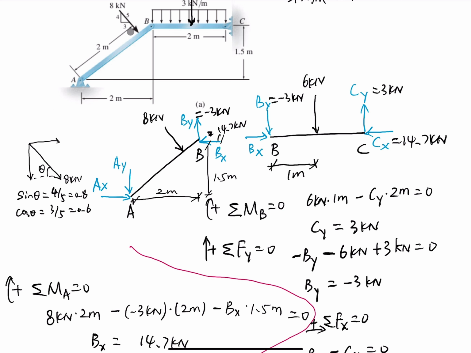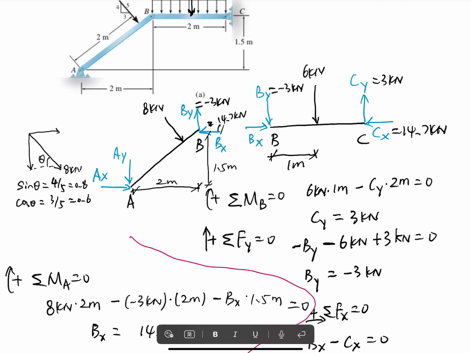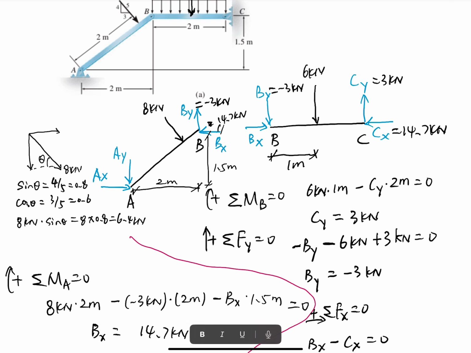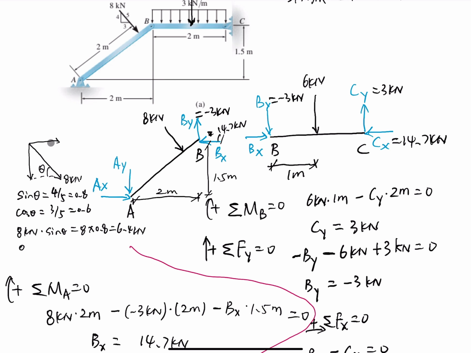And we know this component, so the vertical component is 8 kilonewton times sine theta, equal to 8 times 0.8, equal to 6.4 kilonewton, and the horizontal component is 8 kilonewton times cosine theta, equal to 8 times 0.6, equal to 4.8 kilonewton.